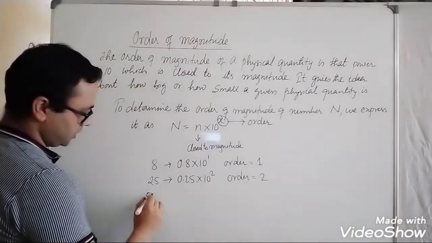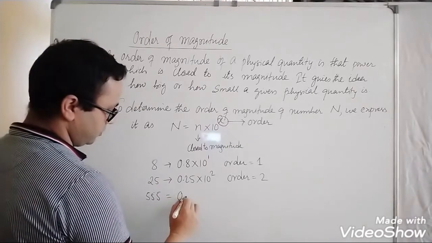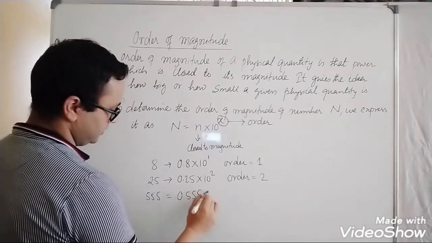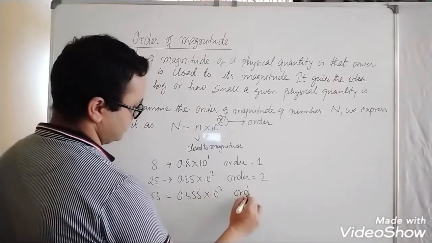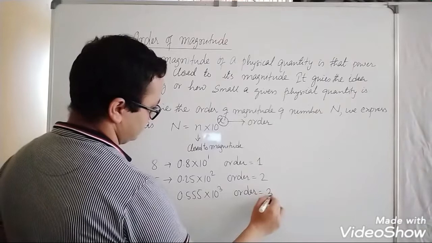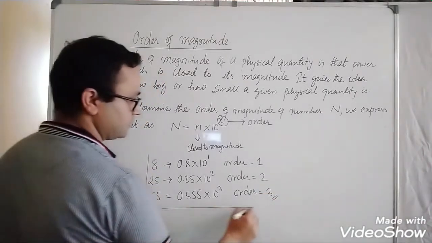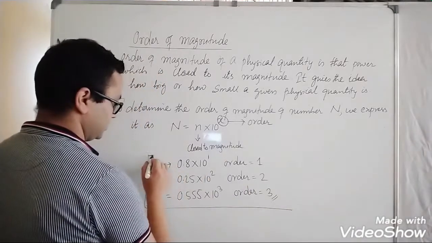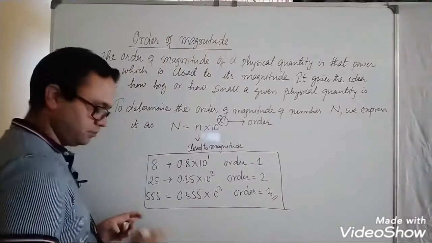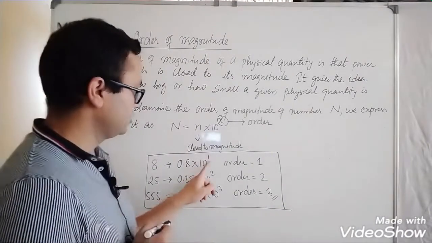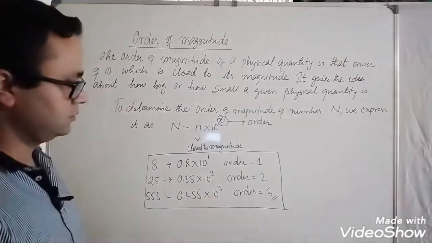Similarly, consider 555: 0.555 into 10 to the power 3. Here the order is 3. Order means simply the power of 10. Order of magnitude is simply the power of 10.